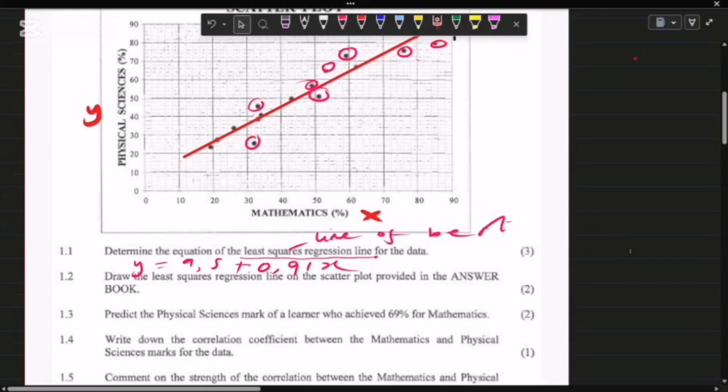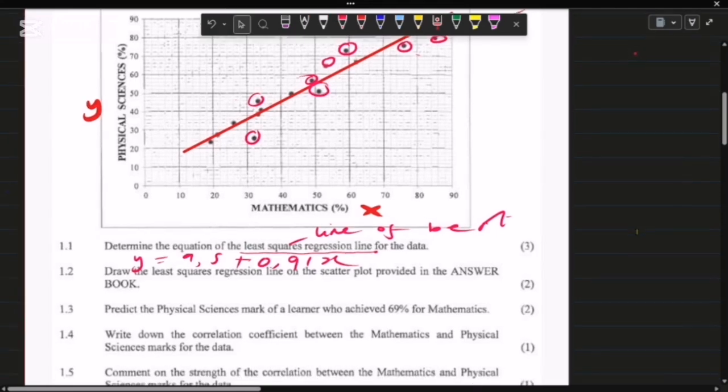And then 1.3, they say that we must predict the physical sciences mark of a learner who achieved 69% for mathematics. Now, you will recall that when we were discussing all the concepts associated with statistics, I spoke about these 2 ideas.